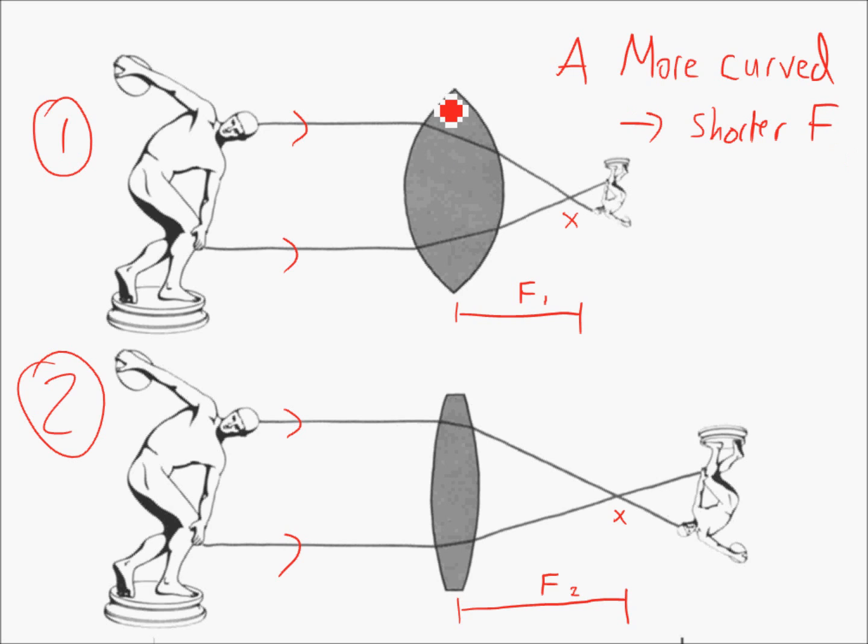So the larger the curvature, the shorter the focal length. If it has a short focal length, it is a high power lens. So a short focal length is a high power lens. This situation on the bottom is less curved.